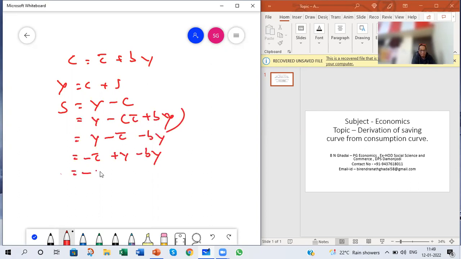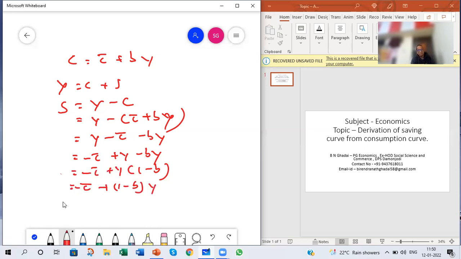Again, it is minus C bar. Take Y as common, then it remains Y(1 minus b). So by rearranging, the saving function is equal to minus C bar plus (1 minus b)Y.